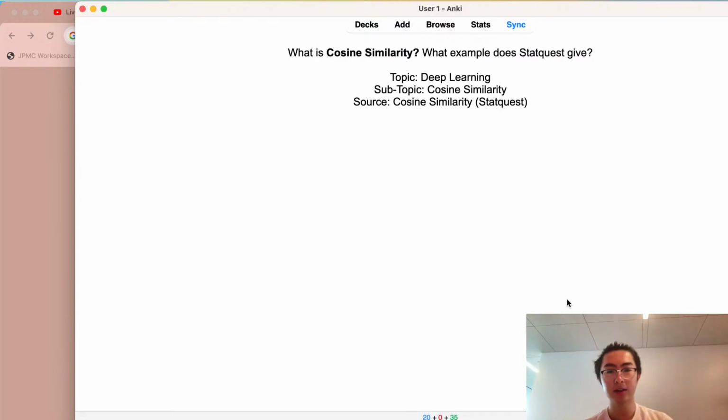Cosine similarity. What example does StatQuest give? So I think mathematically, cosine similarity is a way of measuring how similar two variables are based on the dot product. I think specifically a dot product that is standardized, meaning that we divide to make it between 0 and 1, or maybe -1 and 1.